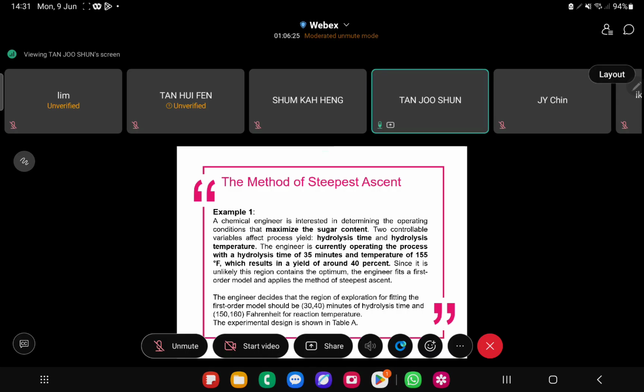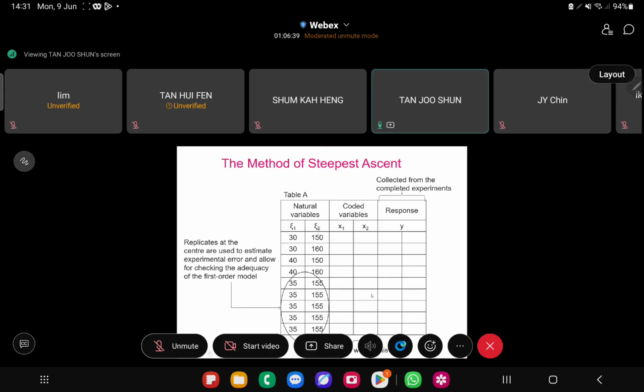For the temperature, currently 155, the engineer uses 150 to 160 Fahrenheit. Then they do some screening. When the engineer keys in the data in the software, the software gives different experiment runs. Factor one is the time, factor two is the temperature.